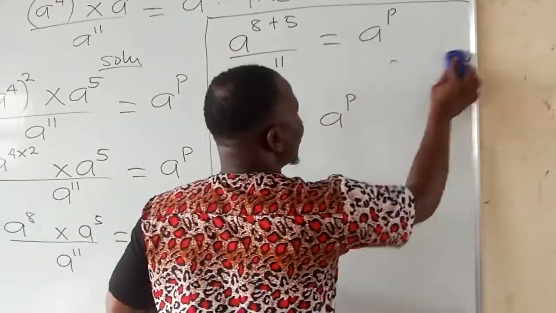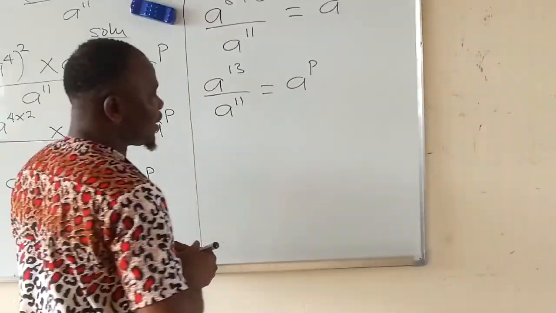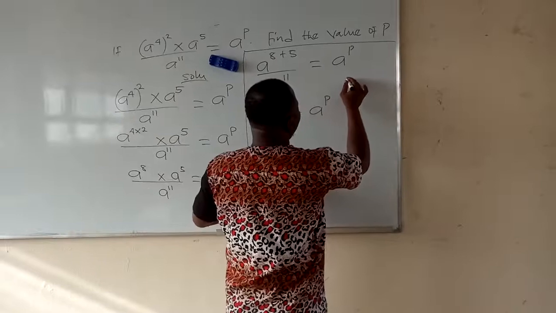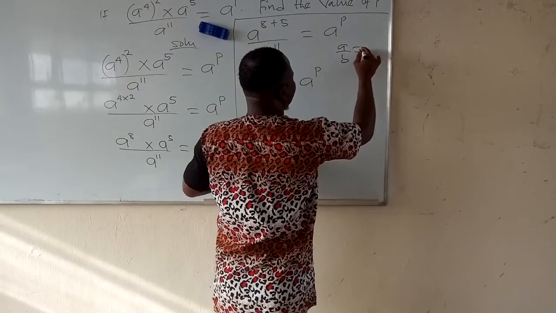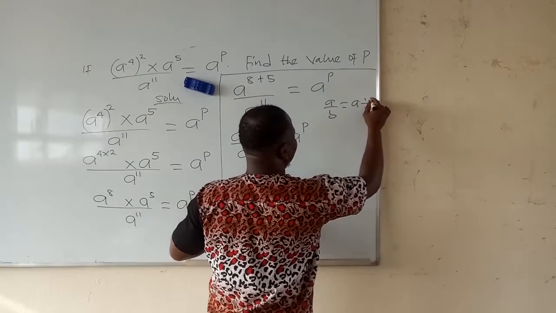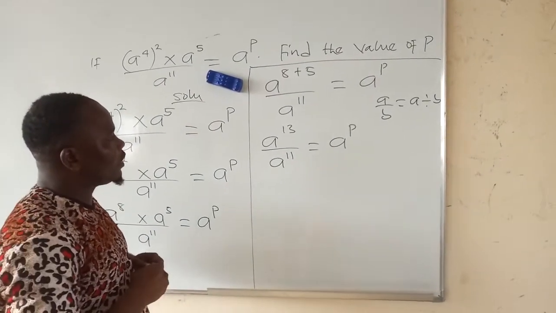Is that clear? Okay. Now, note that in mathematics, if we have a all over b, this is the same thing as a divided by b. Do you understand?